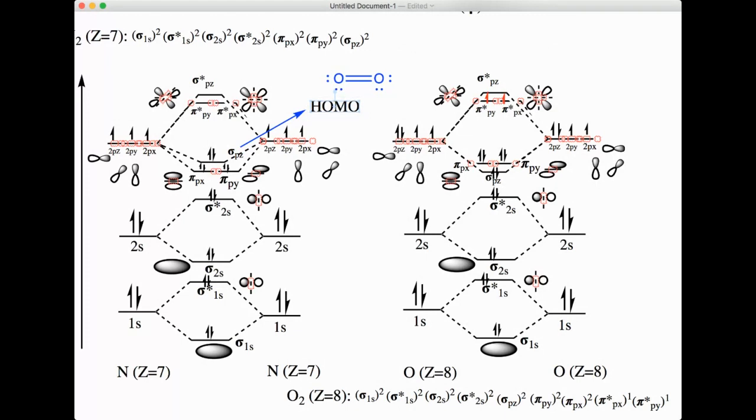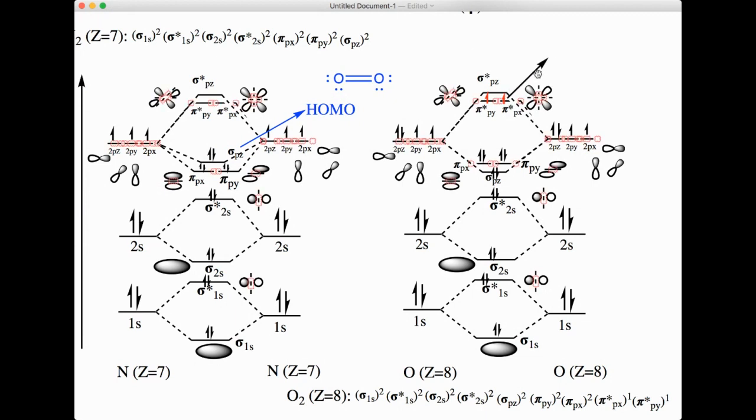That means it's the molecular orbital of highest energy with electrons on it. Highest occupied molecular orbital is the sigma pz. And that's very important because remember, for reactions, the electrons that are highest in energy are the ones that can be given for reactions. For oxygen, the HOMO is here.